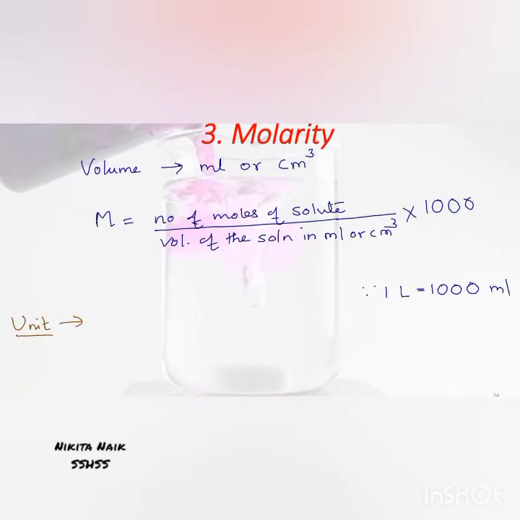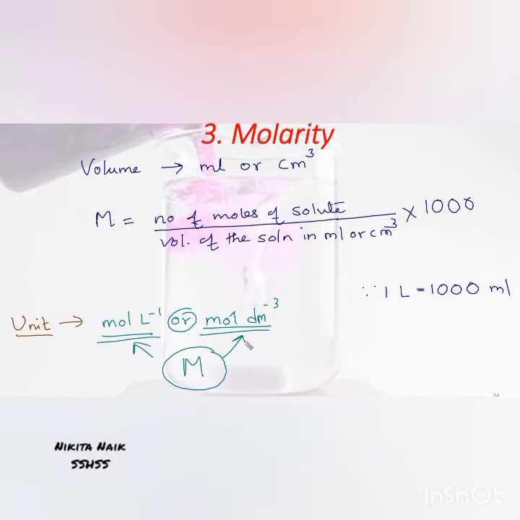Thus, the unit of molarity are moles per liter or moles per cubic decimeter. The symbol M is used for mole per liter or mole per cubic decimeter, and it is represented by molarity.